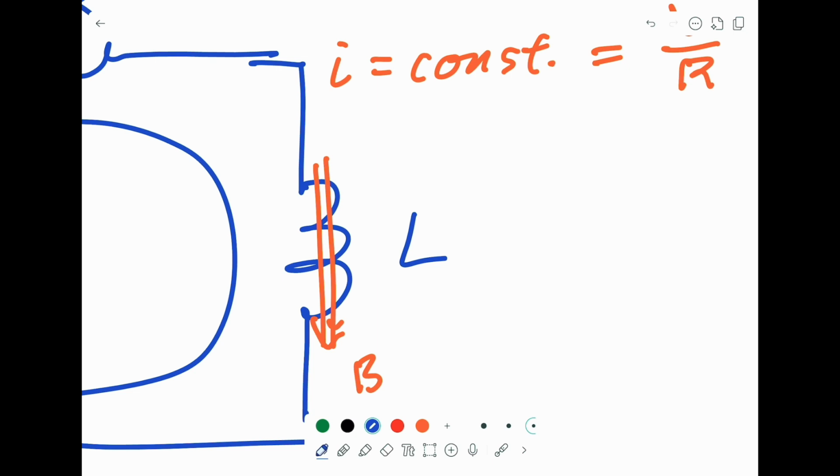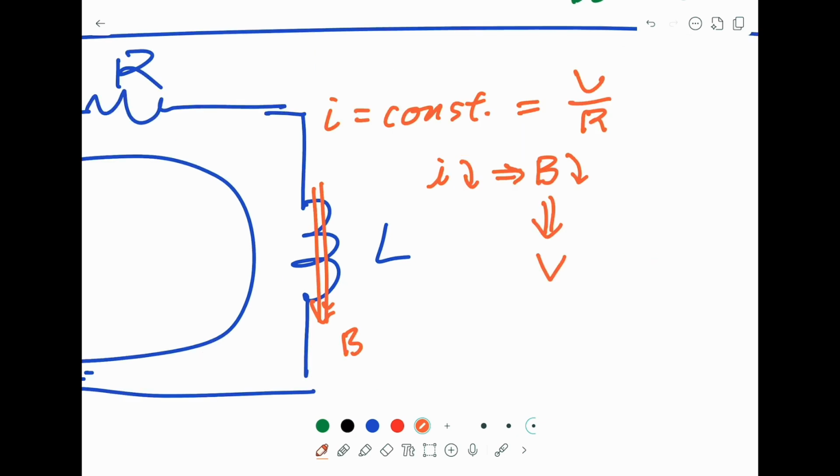When the current is reduced, this change of current will cause the magnetic field to go from a constant to 0. It also drops. The change of magnetic field will create another voltage, which will try to keep the current flowing.